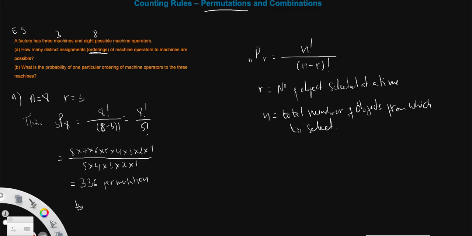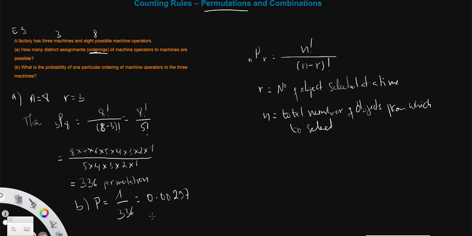And for question B, we were asked the probability of selecting a particular grouping of the 3. Then the probability here will be 1 out of 336, which is 0.00297.